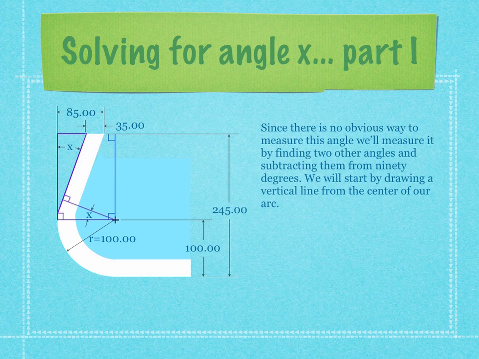Since there's no obvious way to measure that angle, we'll measure it by finding two other angles and subtracting them from 90 degrees. We'll start by drawing a vertical center line from the center of our arc to the top.